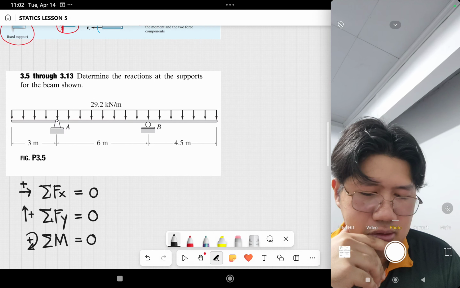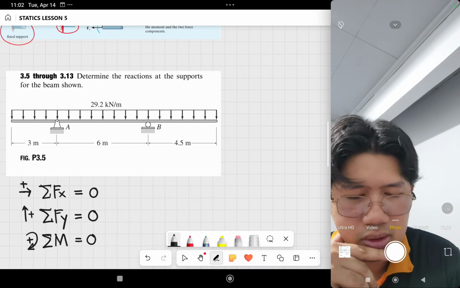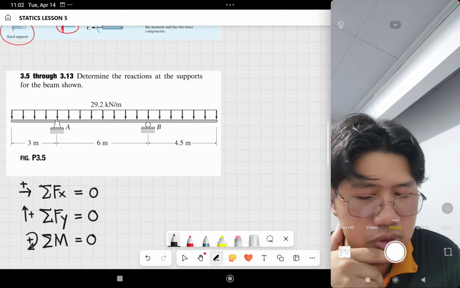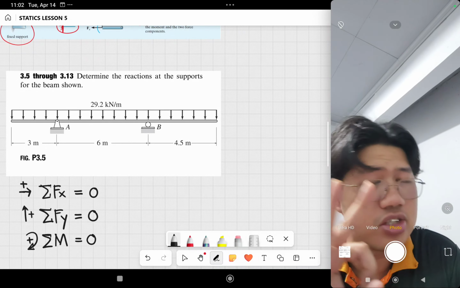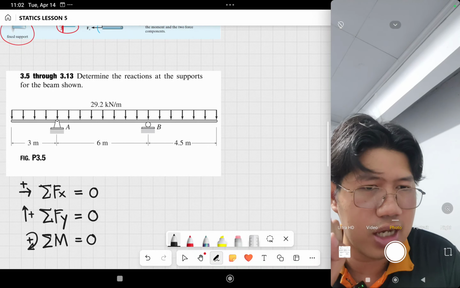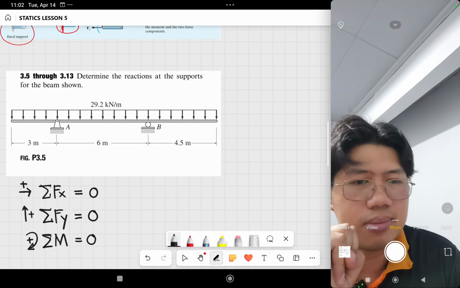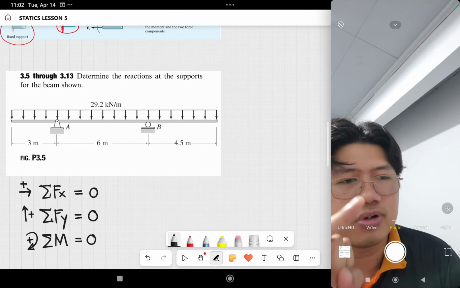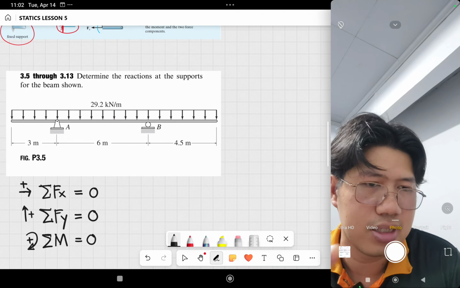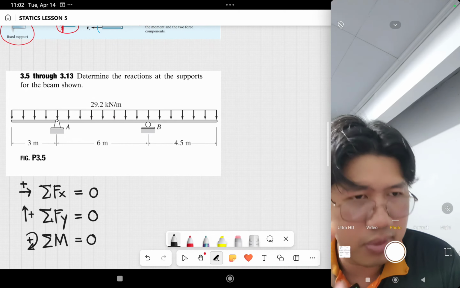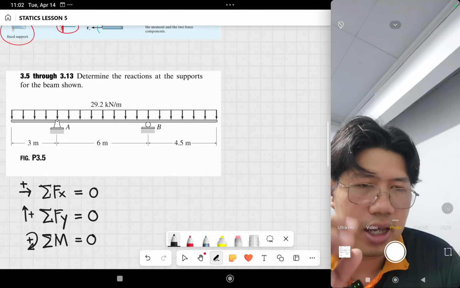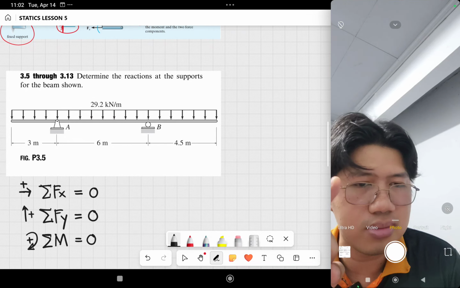So, sinasabi ng equations na to, para masabi mo na yung somebody is in equilibrium, dapat you have these three checks. Una is, lahat ng horizontal forces are balanced. Pangalawang check, dapat lahat ng vertical forces are also balanced, ibig sabihin, walang maproproduce na net force on the vertical direction. And pangatlo is, you have summation moment equals 0.